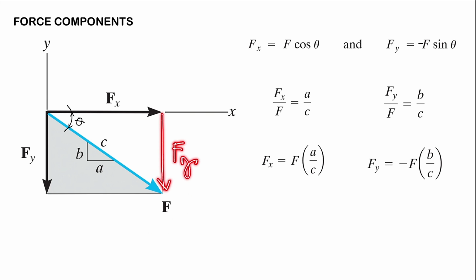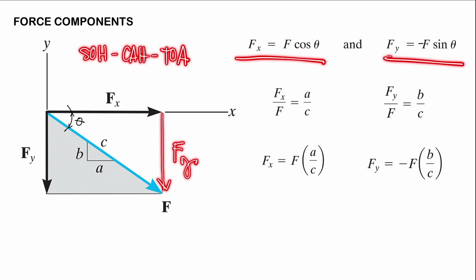So if you guys would remember your SOH CAH TOA. If we use cosine, cosine theta is equal to adjacent Fx all over the hypotenuse F. And by that relationship, we have Fx is equal to F cosine theta.